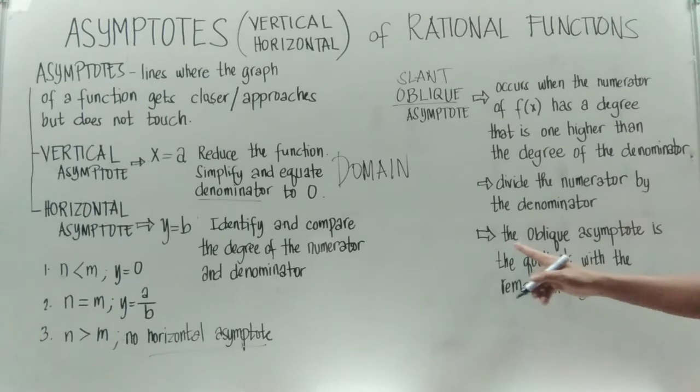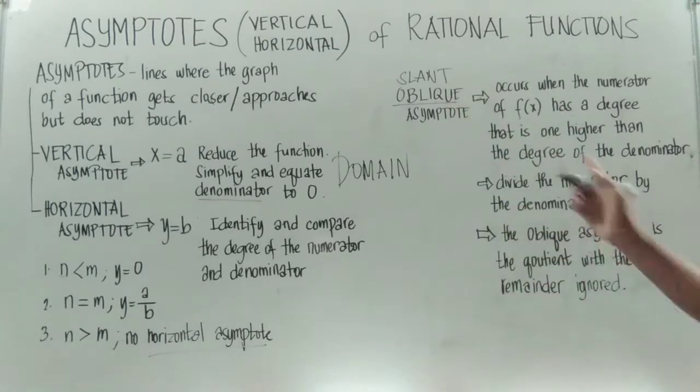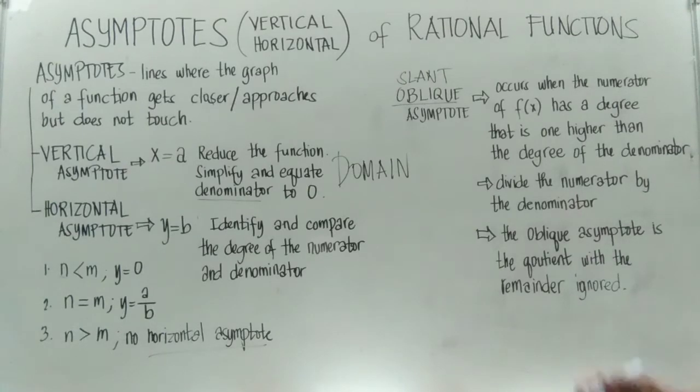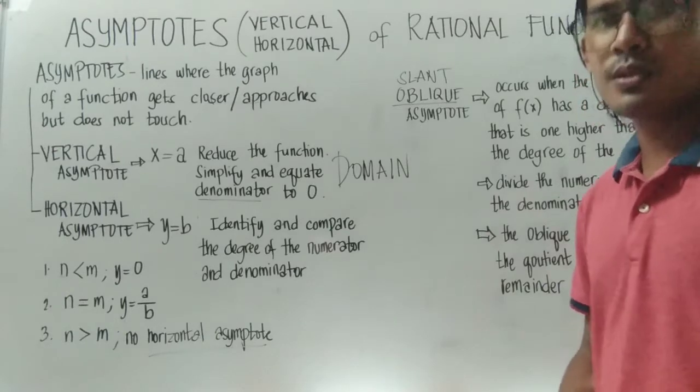The oblique asymptote is the quotient when we divide, with the remainder ignored. So these are just definitions. Now let us go to actual examples of rational functions and solve for the vertical, horizontal, and oblique asymptotes.